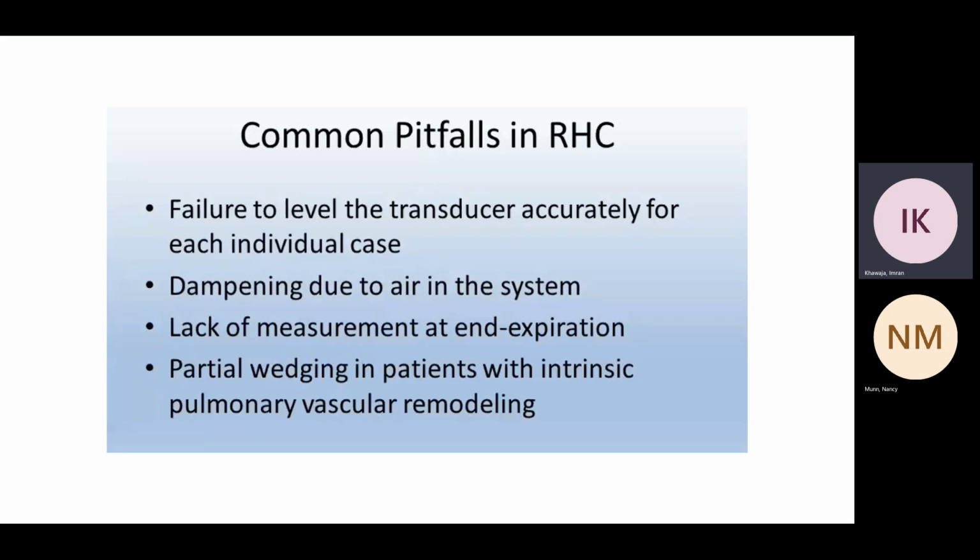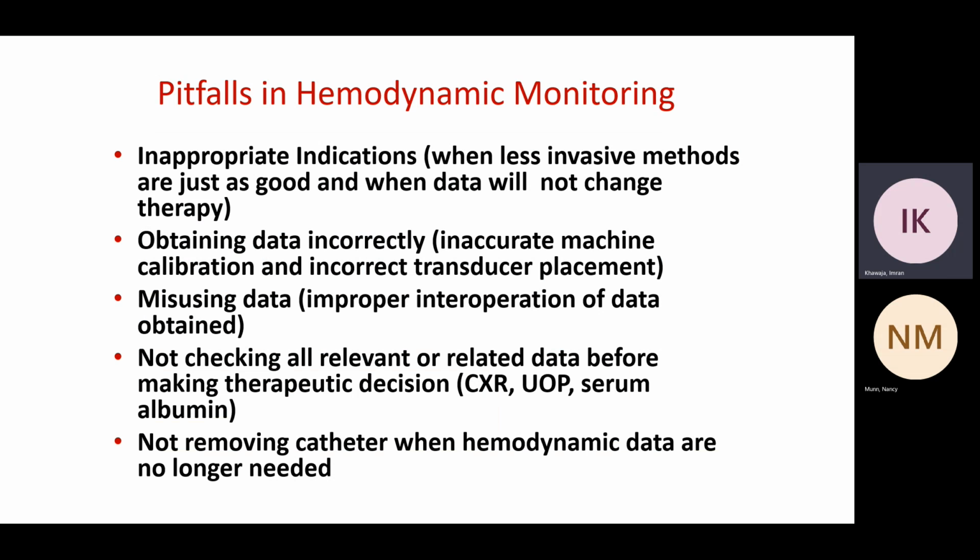We stressed the importance of getting your measurements at the end of expiration, whether patients are breathing on their own or on positive pressure ventilation. And then there are difficulties with wedging, which might have to do with the right ventricle, the right tricuspid valve, or intrinsic pulmonary vascular disease.